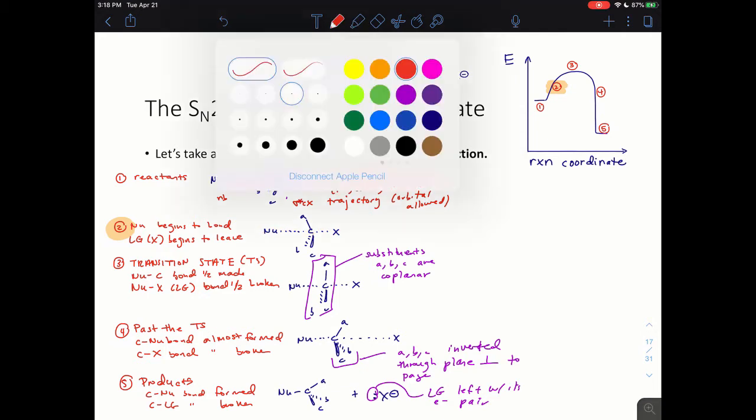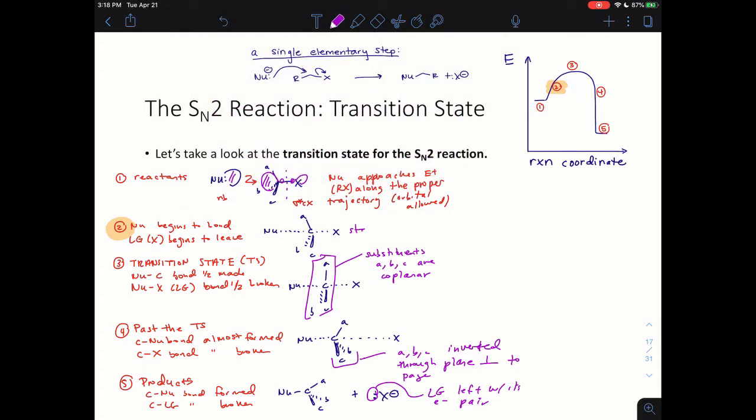So that leaving group here, X, is just starting to leave, just starting to break that CX bond. Now, once we get to the transition state, which is state 3, here we have our highest energy species. The carbon nucleophile bond is half made, and the carbon leaving group bond is half broken.